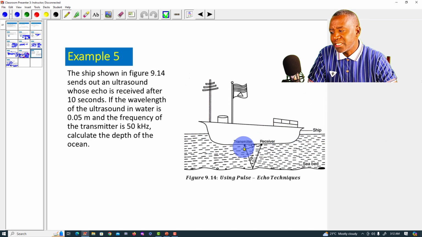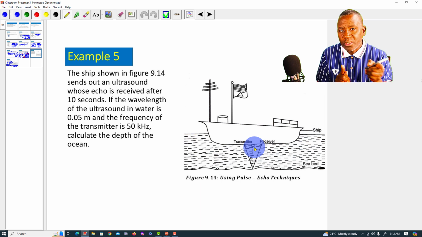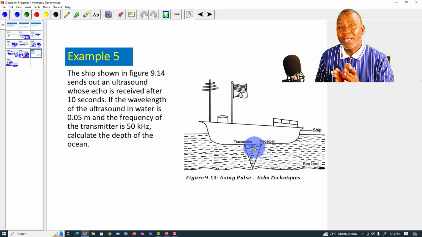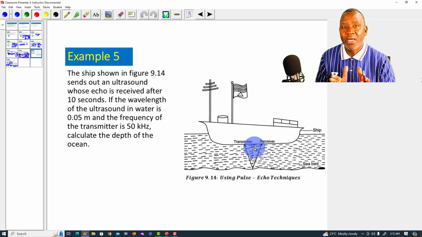There will be a transmitter and then there will be a receiver. Here we've put them at different positions, but in the actual situation, we may find that the transmitter is the same as the receiver, as we do in ultrasound.